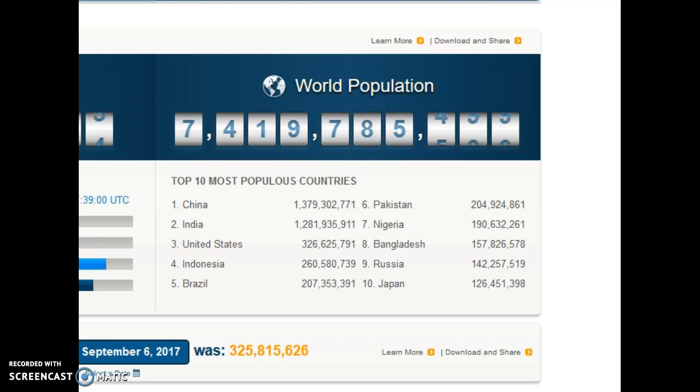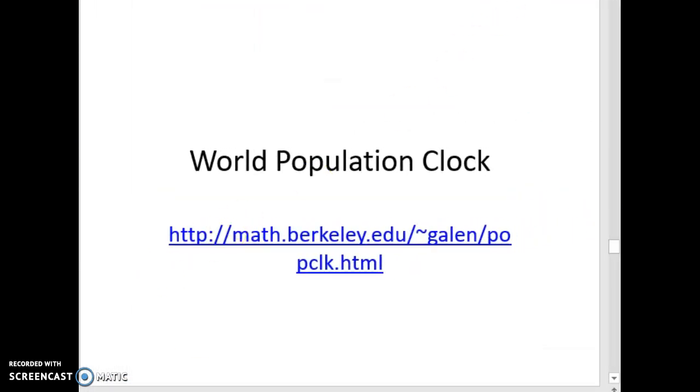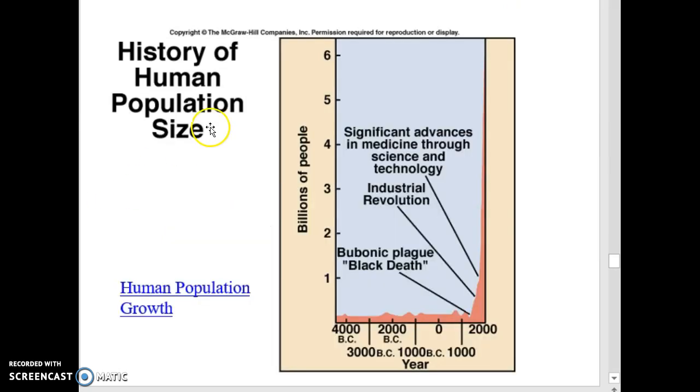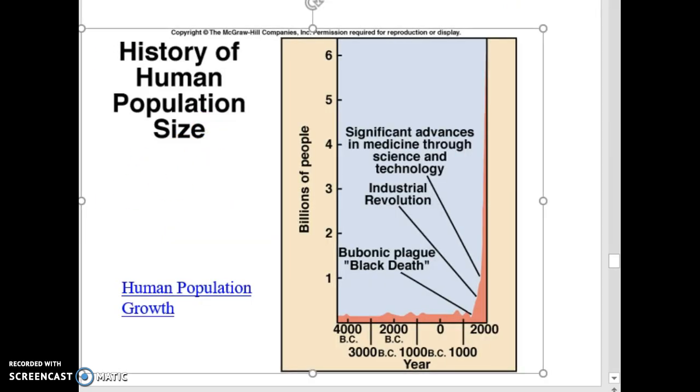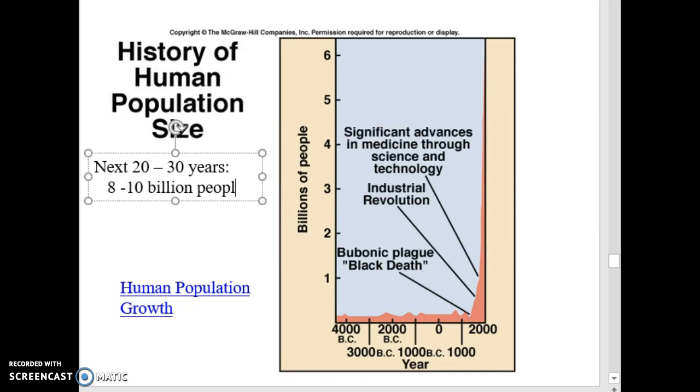So what we're looking at with world population is, in the next 20 to 30 years, we're expecting the human population to reach 8 to 10 billion people on Earth.